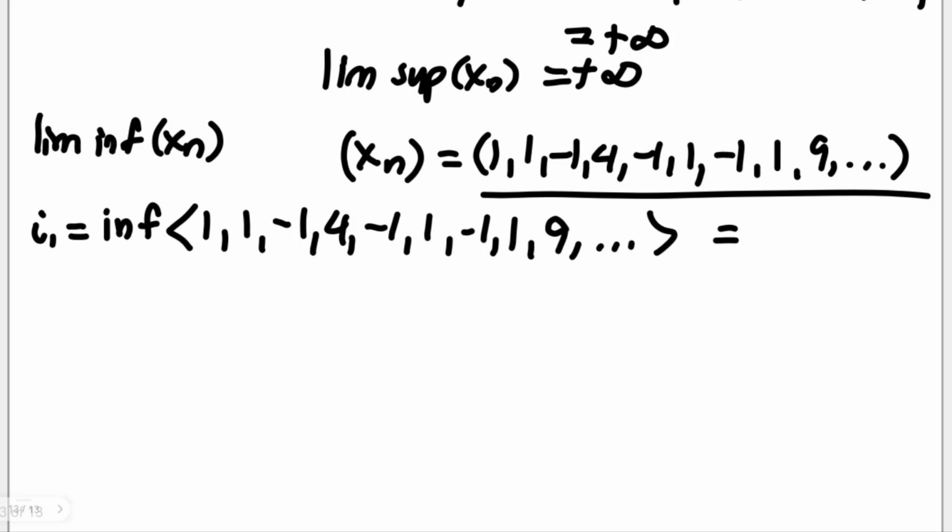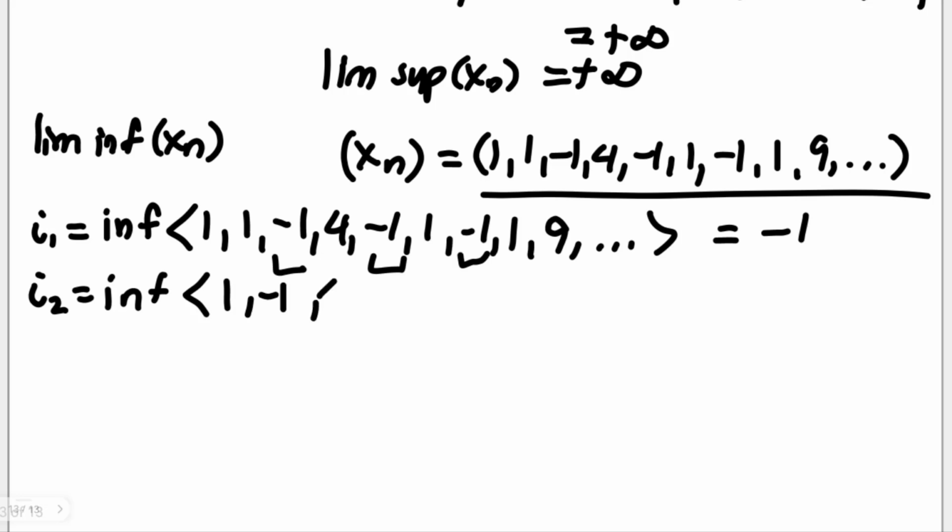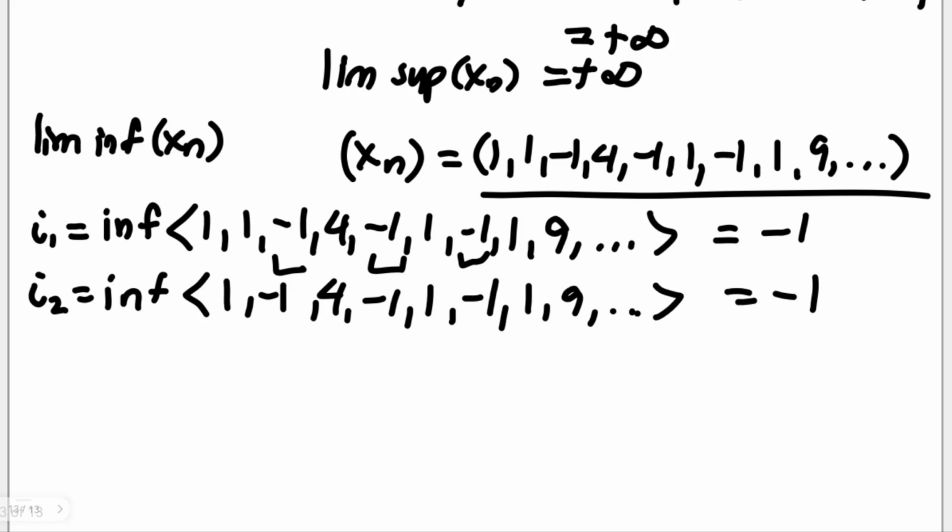So the infimum of that, which is the greatest lower bound, is negative 1. Because that's the lowest, or again, the greatest lower bound. If you have your I sub 2, the infimum starting with the second: 1, negative 1, 4, negative 1, 1, negative 1, 1, and then 9, and so on and so forth, is still negative 1 here.